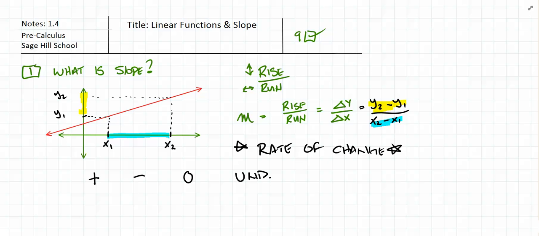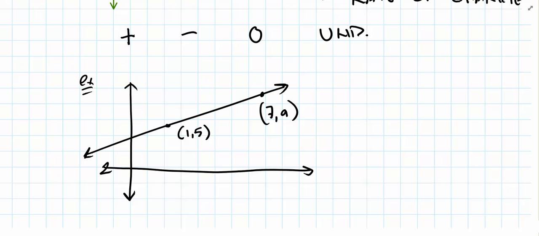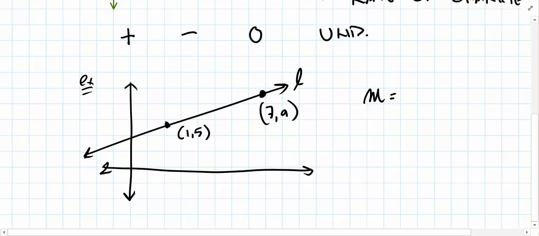All right, okay, I've given you a quick little sketch. I've given you 2 points on the line, and we'll call my line L right there. There's my line L. I have 2 points on the line. Name the 2 points on the line. What are they? 1, 5, and 7, 9. Awesome, good. What is the slope of line L? Well, this is my x1, and this is my y1. This is my x2, and this is my y2.